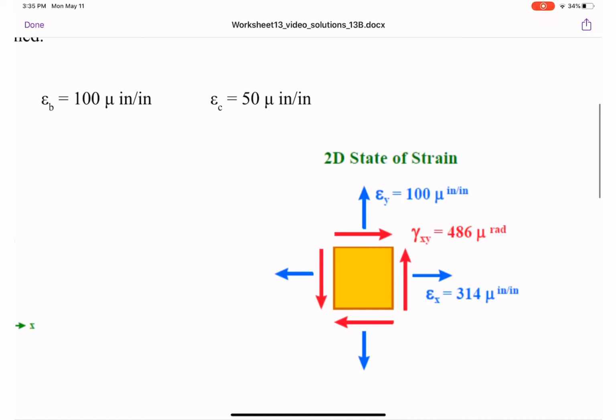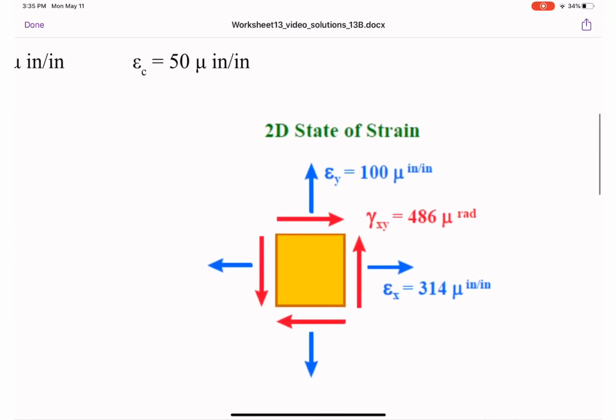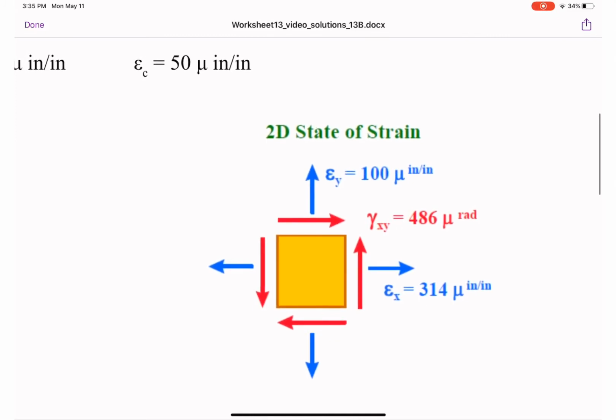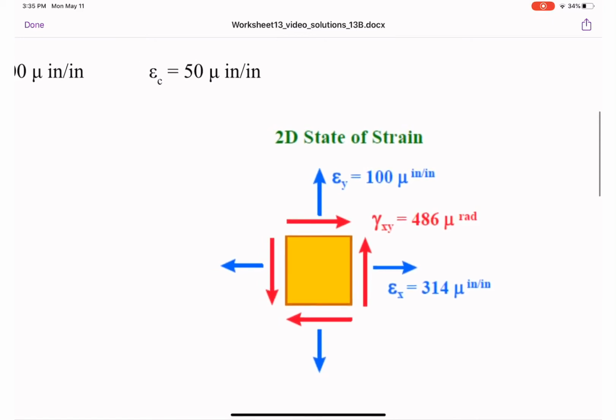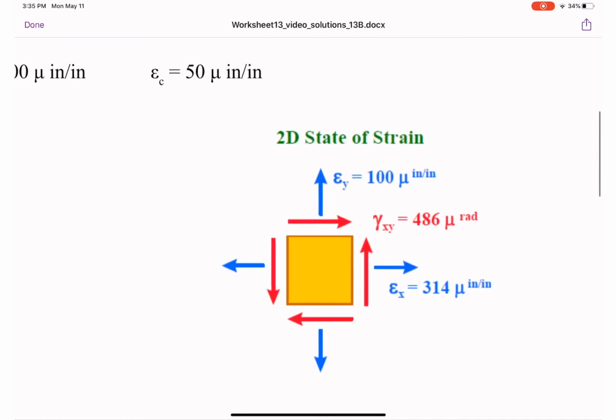On the positive x plane, gamma xy makes the yellow block rotate counterclockwise. That's why on the Mohr circle it is negative, and in the Mohr circle it has to be gamma over 2, so 486 divided by 2 is 243 micro. So in the positive x plane we have epsilon x 314 micro and gamma over 2 negative 243 micro. And for the y plane, it will be 100 and positive 243 micro.